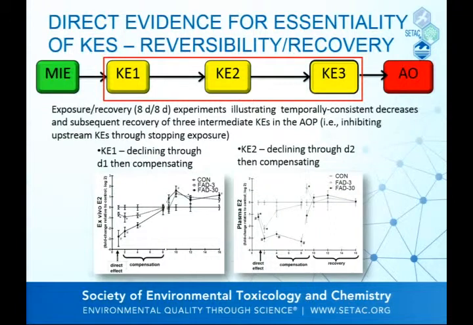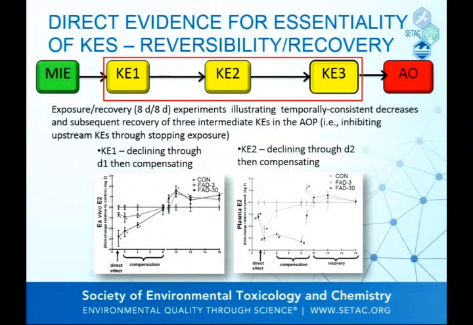Another example, again from the studies we talked about earlier today, exposing fish to an aromatase inhibitor. In this case, focusing on this part of the test, first we expose them to the chemical, we see the effects on the key events, see eventual compensation, but then we remove the stressor and we actually saw those events rebound.